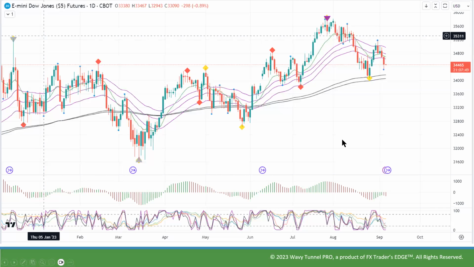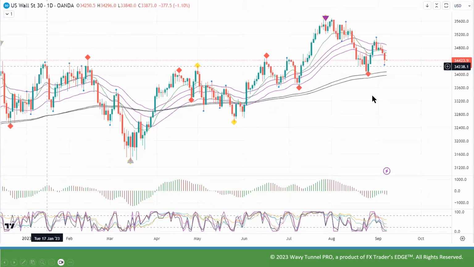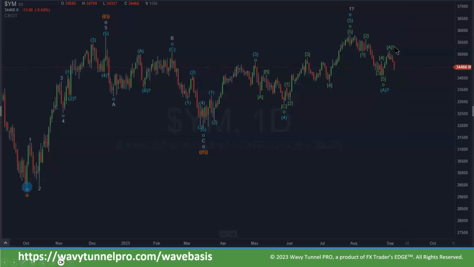And then this is the Dow, a slightly different pattern than NASDAQ and the S&P, because we've already hit the tunnel. This is the futures, this is the ETF, and this is the Forex trading platform. Okay, and here is the wave count. Now this is labeling it a little bit different.